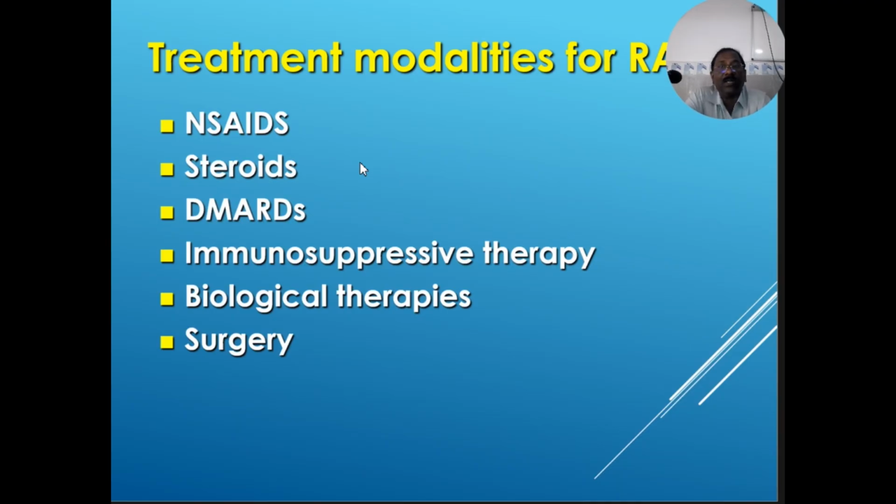What are the treatment modalities here? So NSAIDs, good. Steroids, very good. DMARDs, very, very good. Immunosuppressive therapy, excellent. Biologicals, super. And surgery, flop. Don't expect the surgery in all rheumatoid arthritis. If your patient is going for surgery, that shows your inefficiency in treating rheumatoid arthritis. Okay?